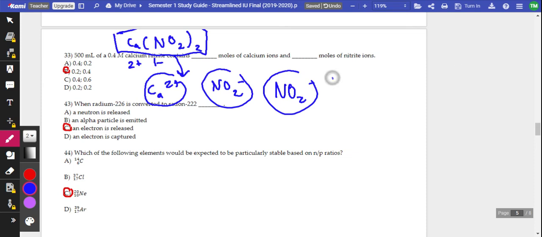I take this 0.4 molar, which is just 0.4 moles per liter, and multiply that by 0.5 liters, which is my 500 milliliters converted into liters. 0.4 times 0.5 should give me 0.2. My liters cancel out, so it should be moles.